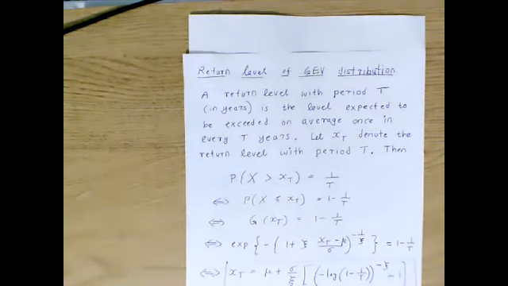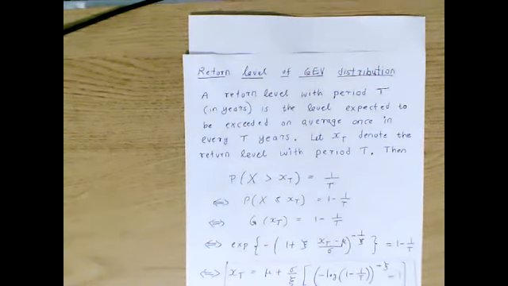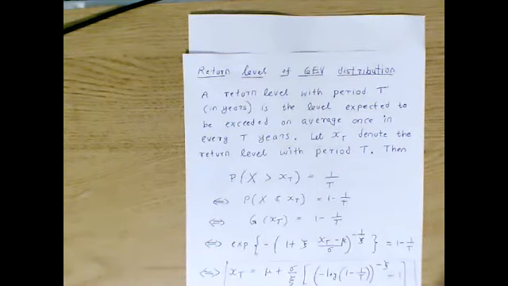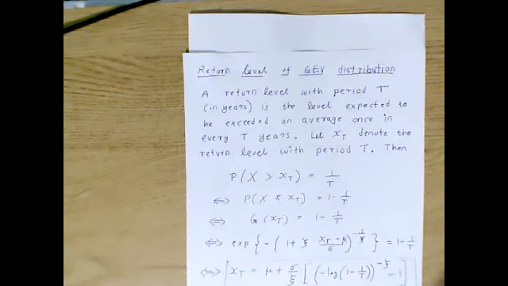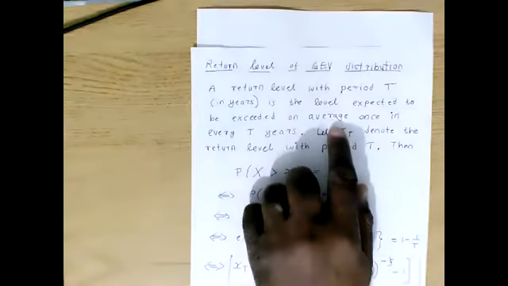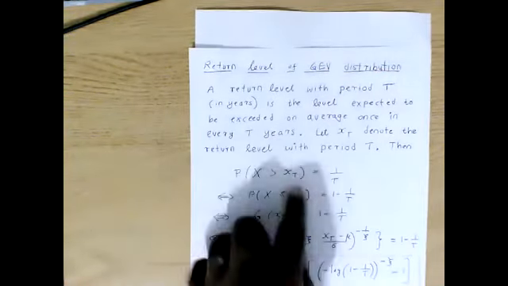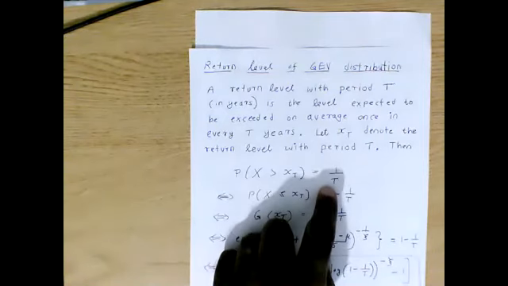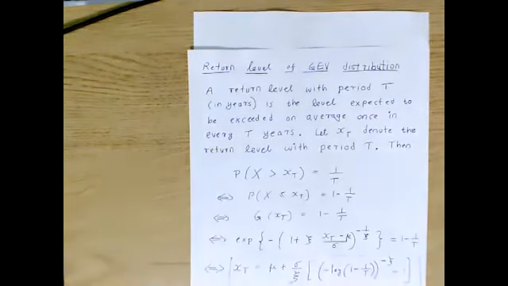is the level that is exceeded once in every capital T years. Because the GEV distribution takes only one data point out of every year, right? If you have capital T years, you have only capital T data points. So the probability that the return level will be exceeded on average once in every T years will be 1 over T. You follow what I'm saying, right?